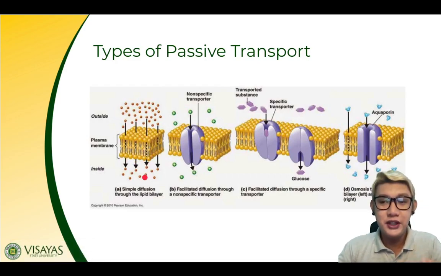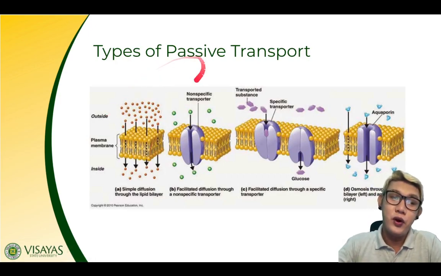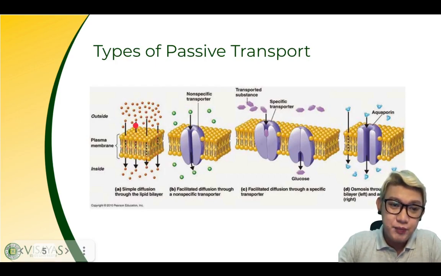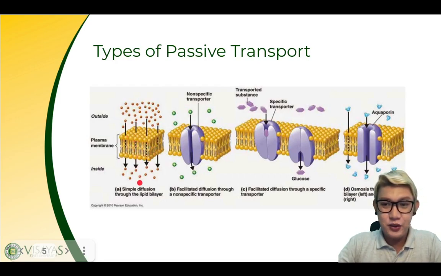Because we know that the cell membrane is selectively permeable, meaning not all substances can pass through it. It depends on the size of the molecule and the charge or the polarity of the molecule. Of course, smaller molecules can easily pass through, and non-polar molecules, because the cell membrane is hydrophobic, can easily pass through.